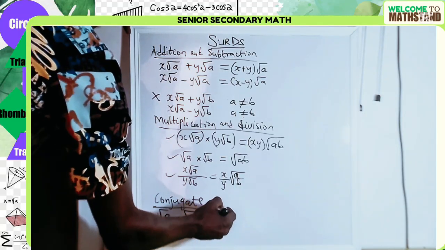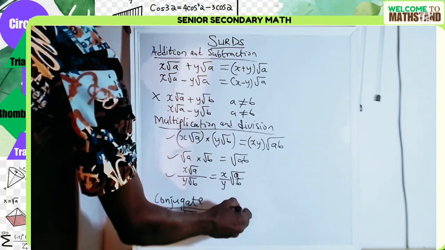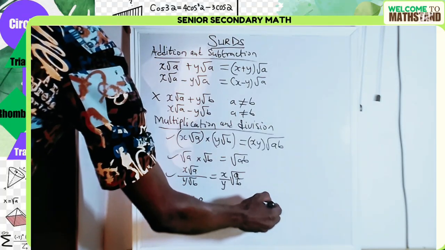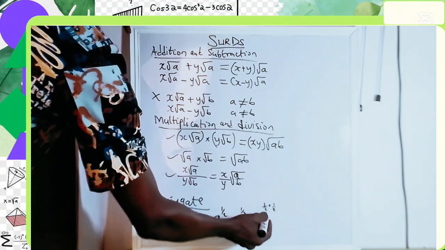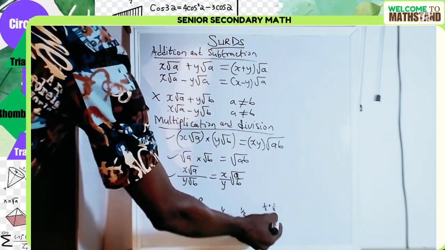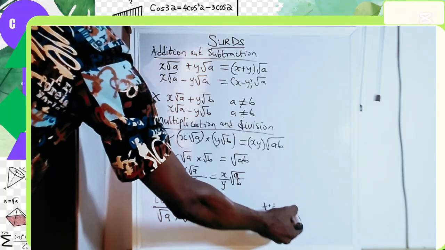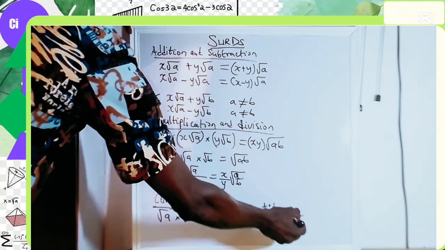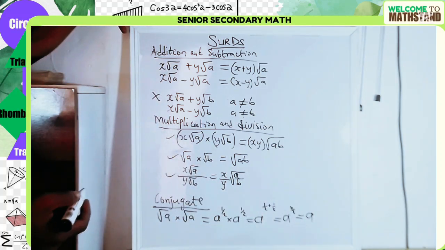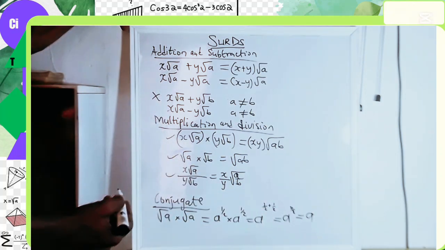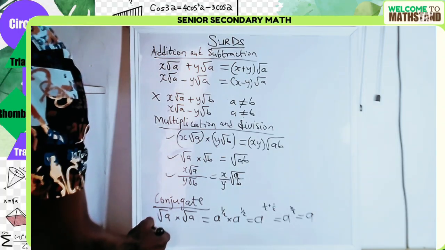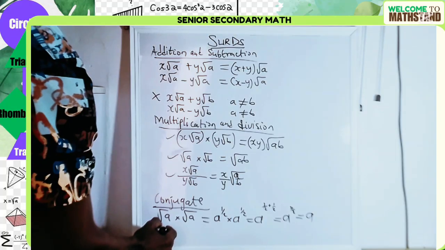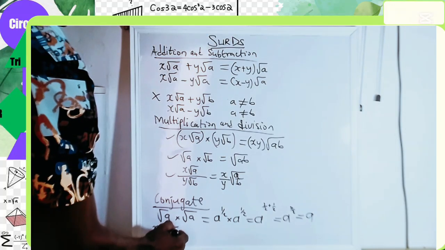It's just like saying a raised to the power 1/2 times a raised to the power 1/2, which is a raised to the power 1/2 plus 1/2, adding these indices. This equals a raised to the power 2/2, which is a to the power 1, and that gives us a. Hope you understand.